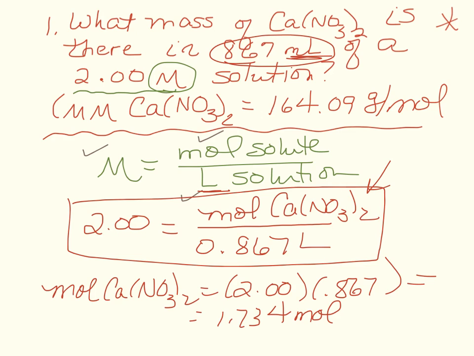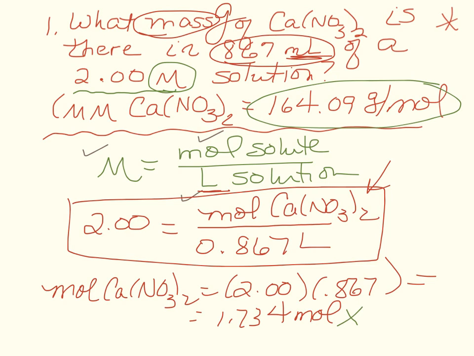The problem, however, is asking for the mass, which is grams. So now you need to convert this mole to grams using the molar mass, which I was nice enough in this problem to give to you. So multiply by molar mass.